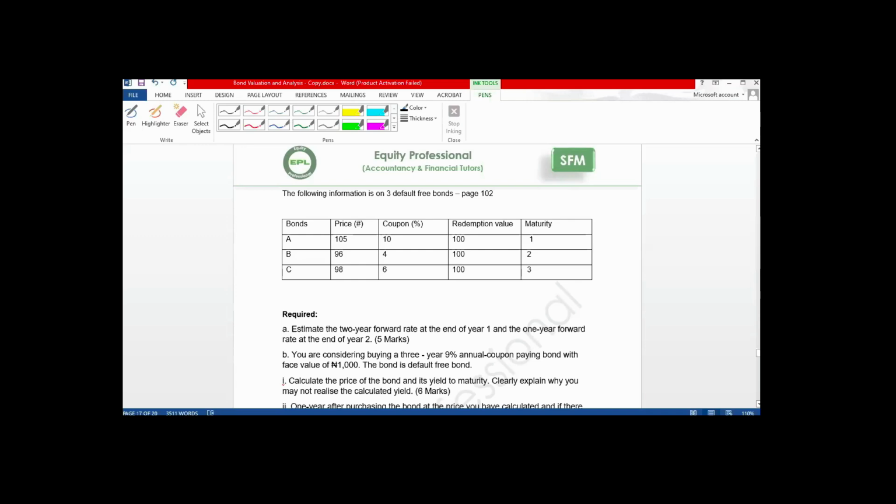Thank you for that. Let me quickly take it again. The following information is on 3 default free bonds. Now the question is, what is a default free bond?